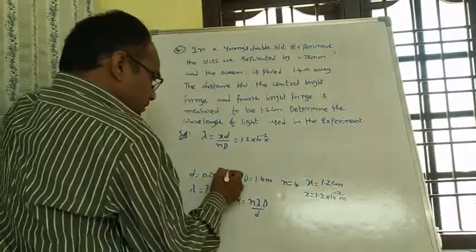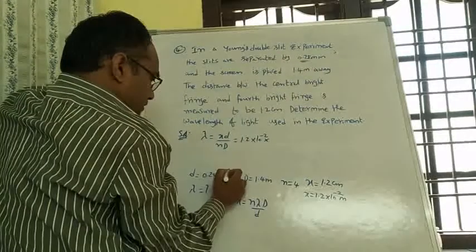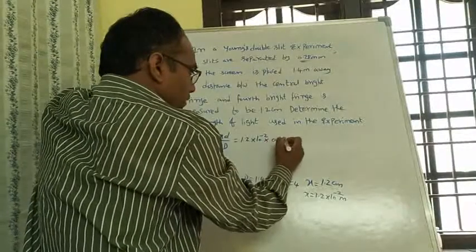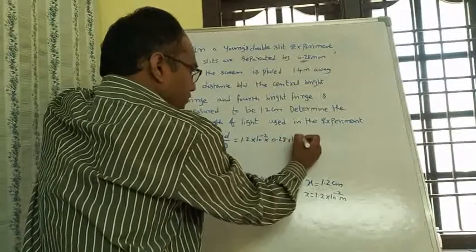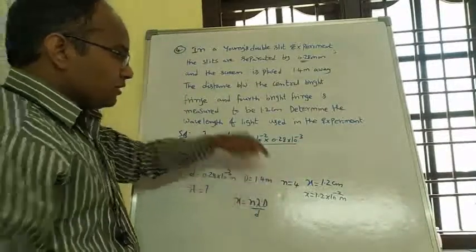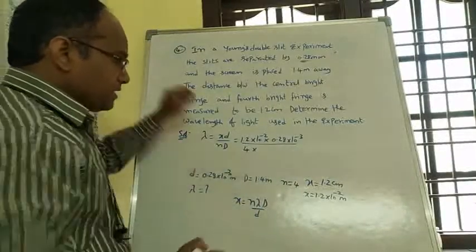Small d means 0.28 into 10 to the power of minus 3 meter. So divided by, what is n? n is 4, into capital D. Capital D is 1.4.